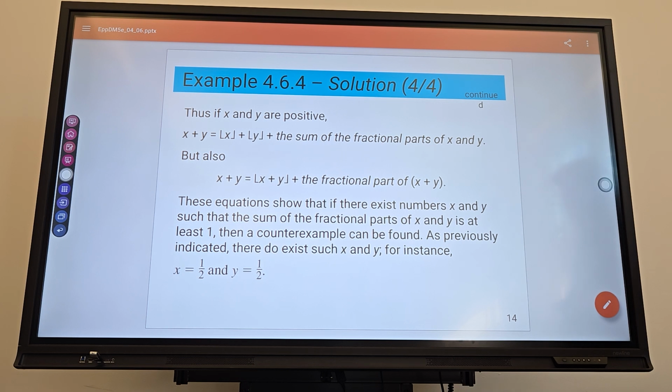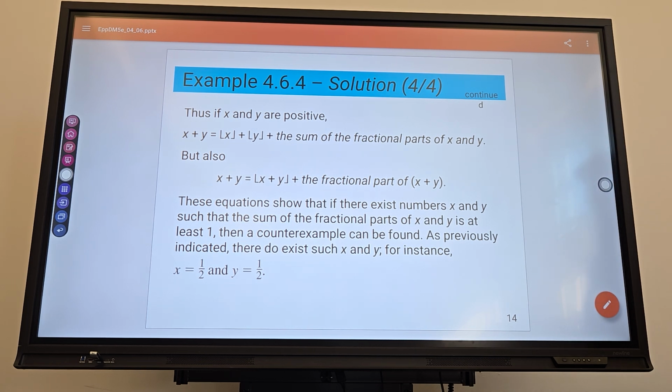Thus, if x and y are positive, x plus y equals the floor of x plus the floor of y plus the sum of the fractional parts of x and y. But also, x plus y equals the floor of the quantity x plus y plus the fractional part of the quantity x plus y.